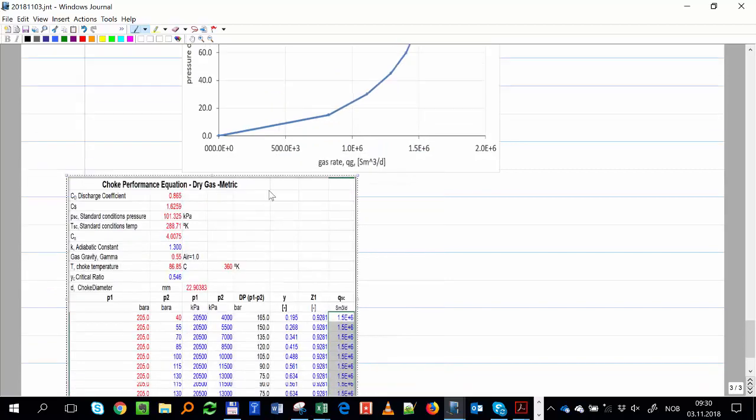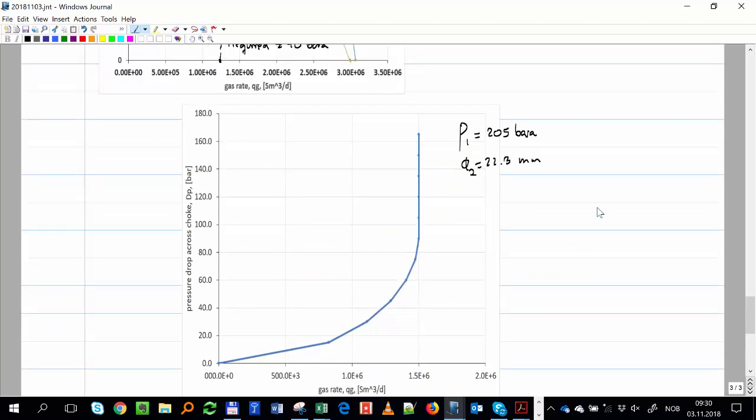Okay, remember what I want is P1 205, P2 is 40, so that gives me a delta P of 165 bar, right? And the Q that I want is 1.25 e to the 6 per day.